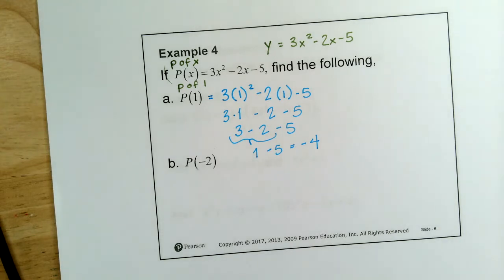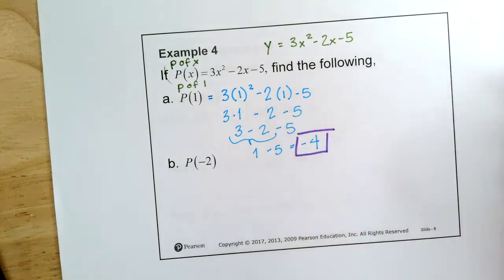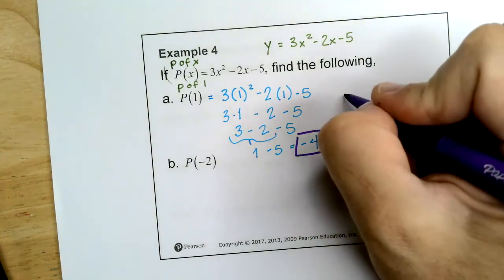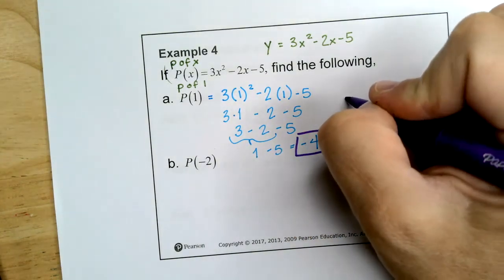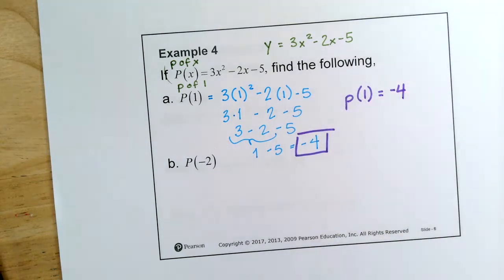So our answer to this question is negative 4. The way we would write it, I shouldn't have put a box around that, because the way we write it is P of 1 equals negative 4.